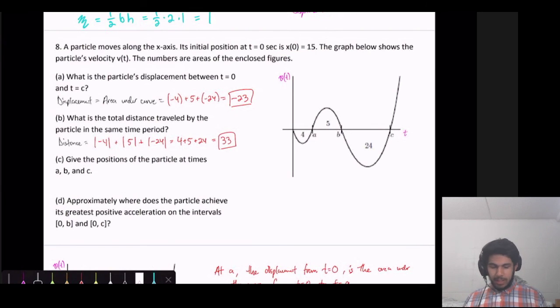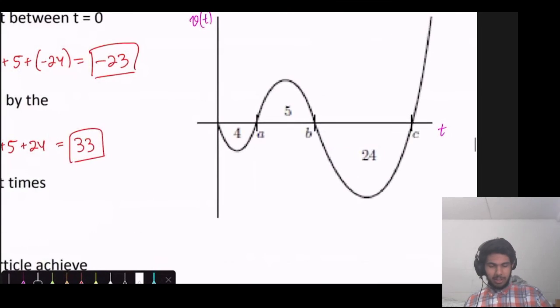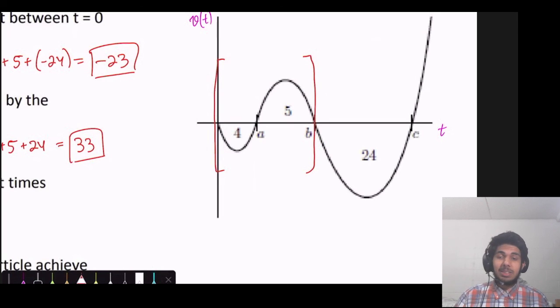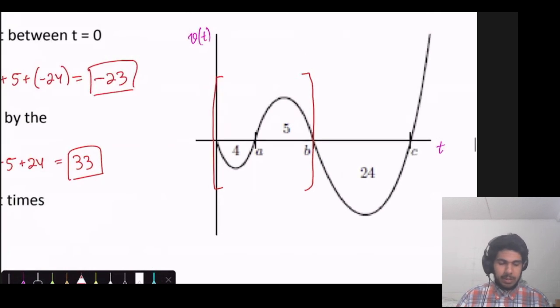Okay, and then approximately where does the particle achieve its greatest positive acceleration on the intervals 0 to b and 0 to c? Okay, so we're looking on this interval here first. Let's just look. I'll draw it out with my pen. And we're asked to find where does the particle likely experience its greatest acceleration.